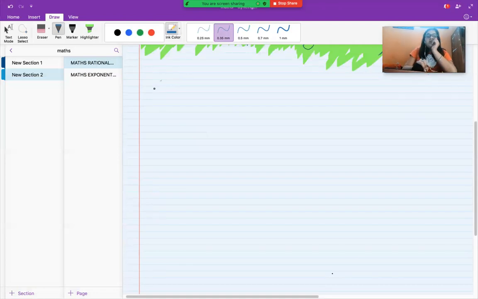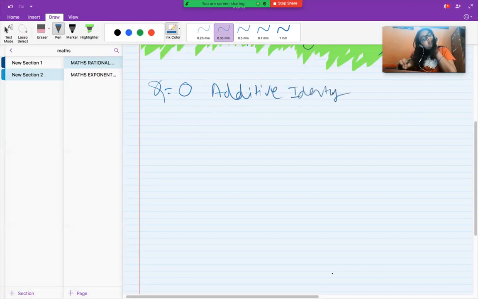So for rational numbers, 0 is the additive identity, and for rational numbers 1 is the multiplicative identity.